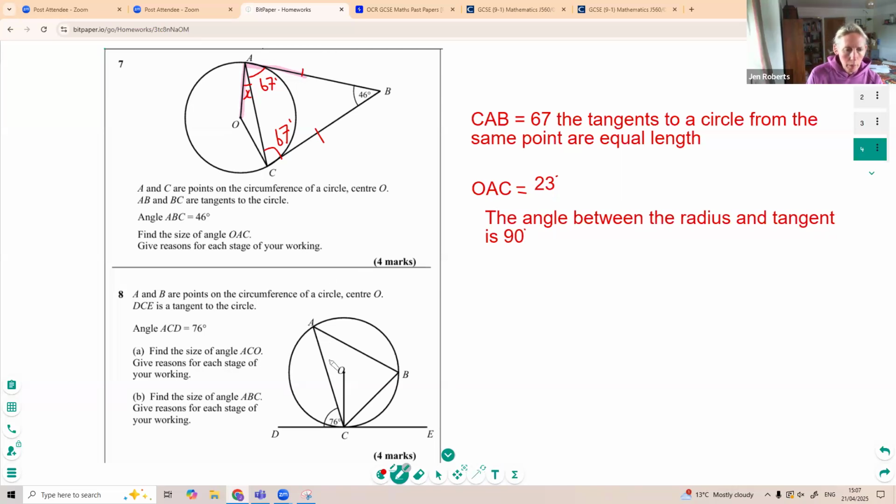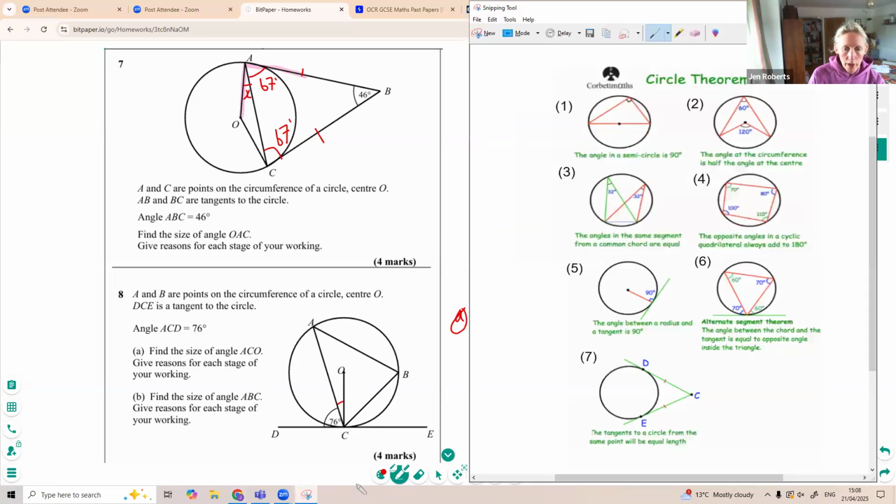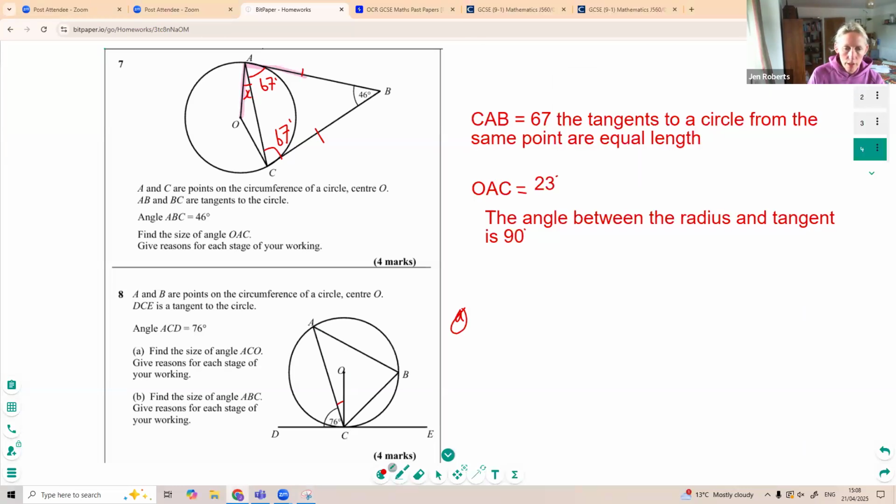So again, here, what do we want for part A? We want angle ACO. ACO, this angle here. Okay, so again, I've got one tangent here, so I'm going to look at my tangent theorems.